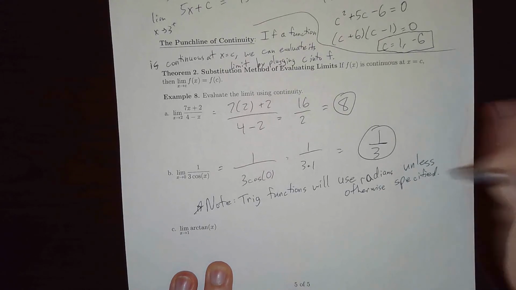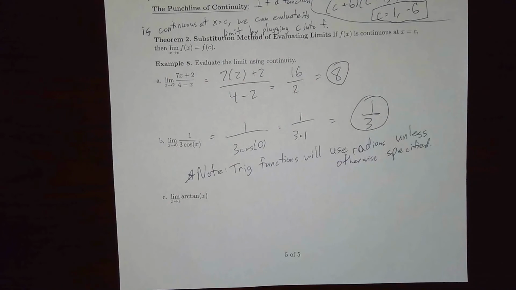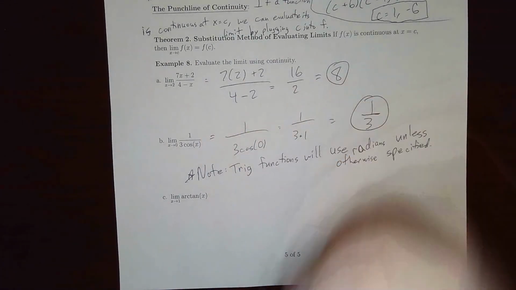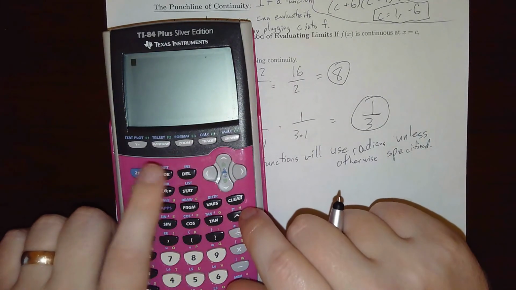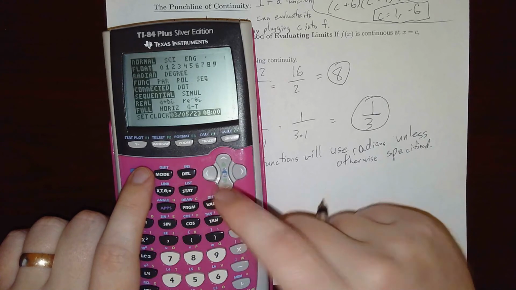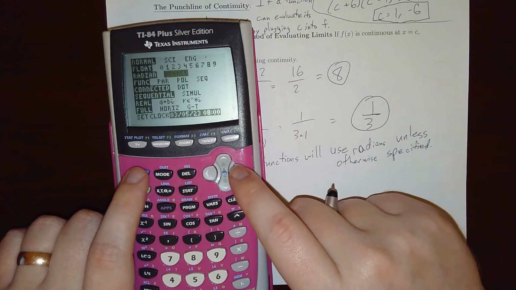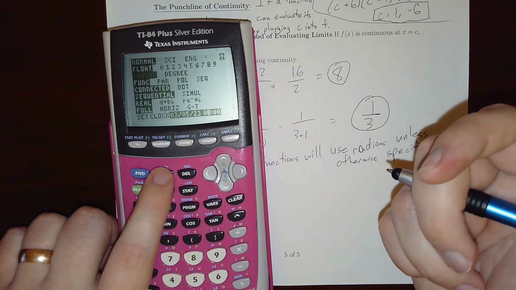There are things in your calculator that allow you to switch between degrees and radians. On my calculator, if I want to switch, I go to mode, and where it says radian and degree, I make sure radian is selected. Unless I know I'm using degrees, typically I'll want radians.